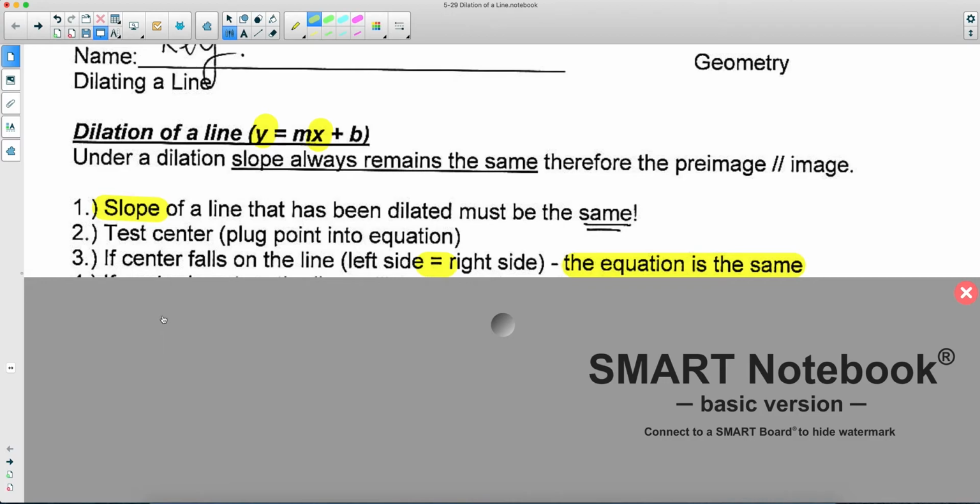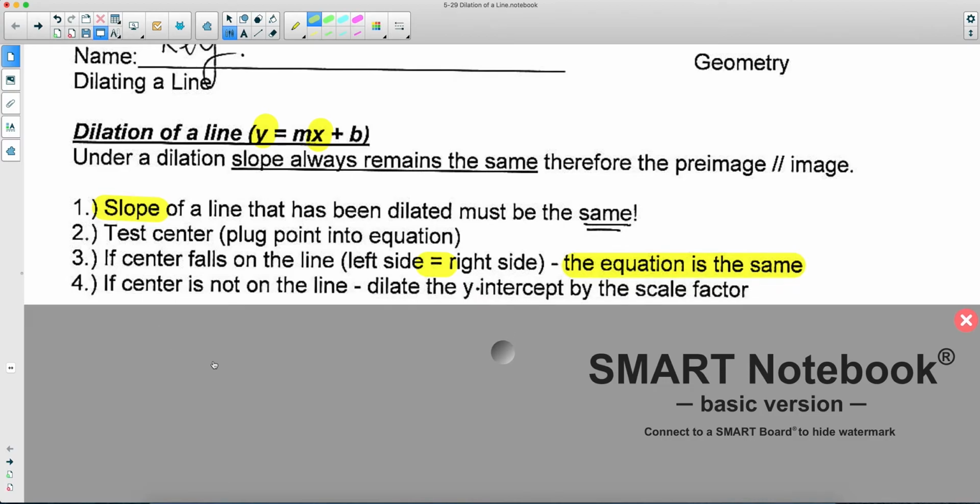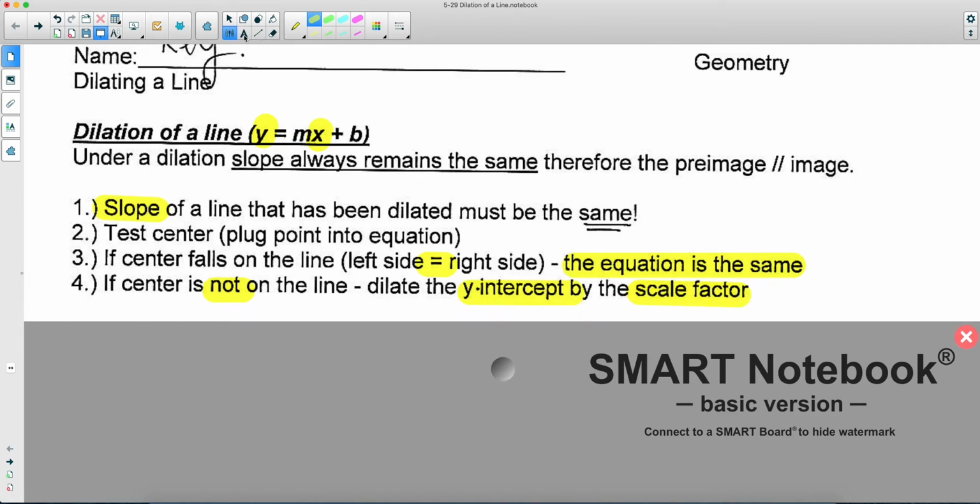But if the right side doesn't equal the left side, so the center is not on the line, then the y-intercept gets dilated by the scale factor. Remember, when we dilate something, that really means to multiply.